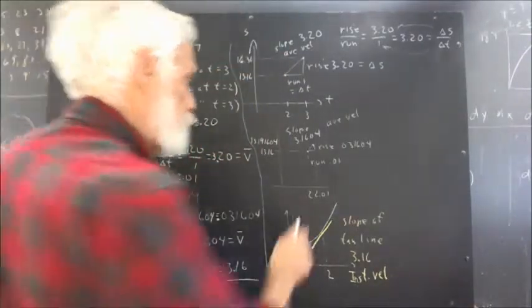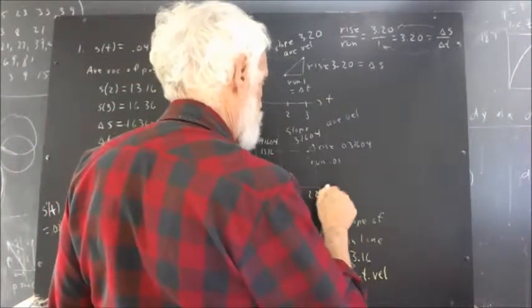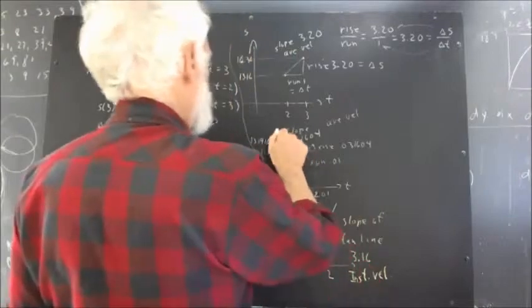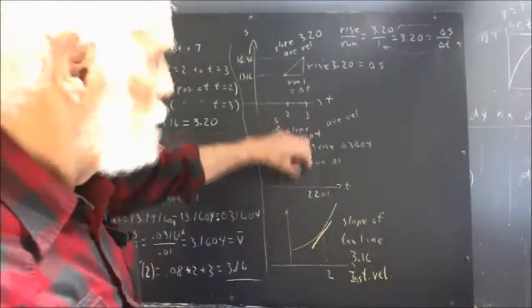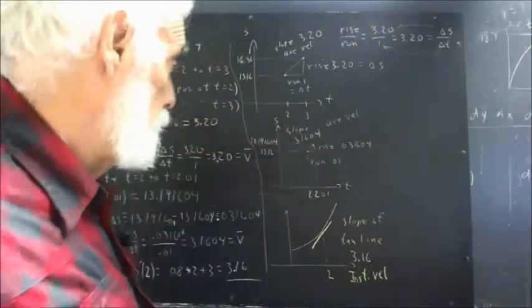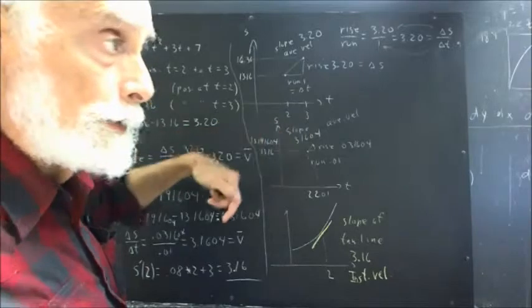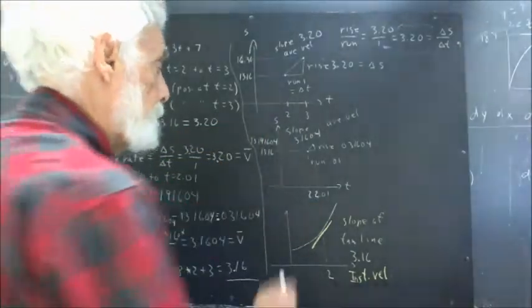Now, if we go from 2 to 2.01 on the T axis, what happens? Of course, these points are much closer than they're indicated here, but we get a very tiny triangle with a run of 0.01 from 2 to 2.01.